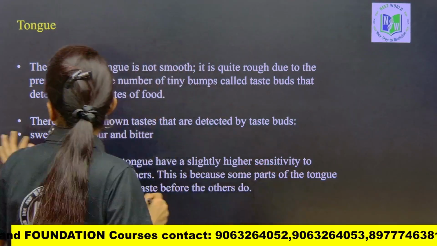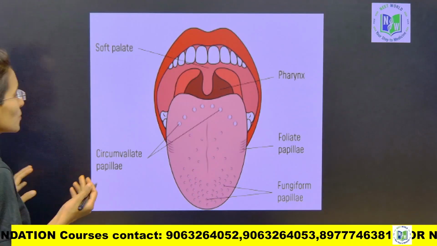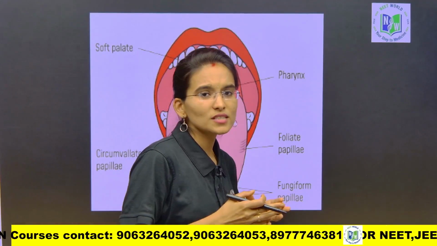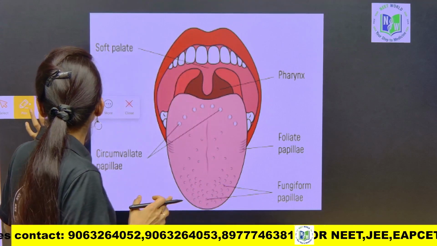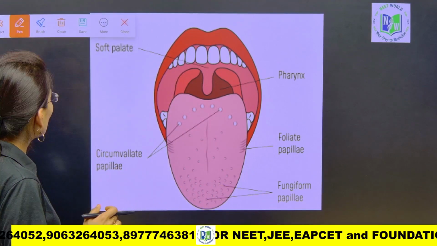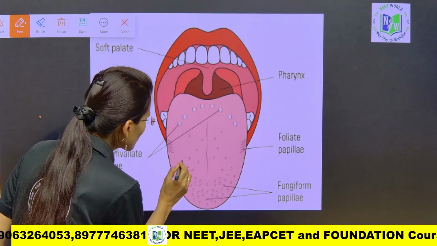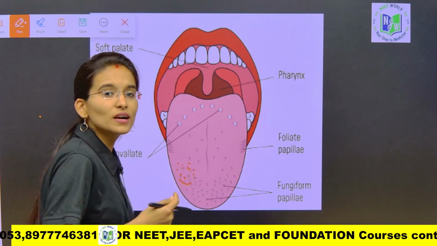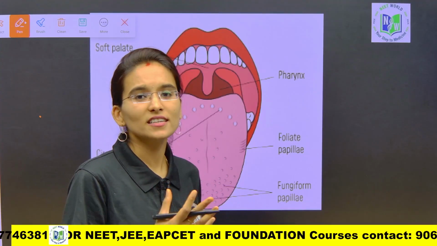See here, suppose I have eaten a bitter gourd. If I have consumed the bitter gourd, then only these particular taste buds are going to detect the bitter taste fast.